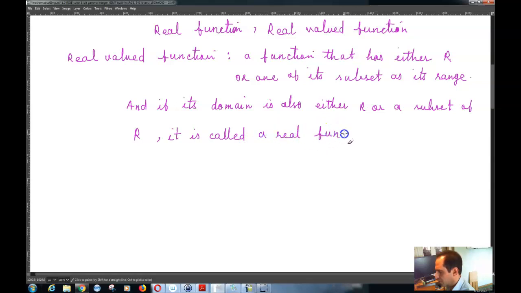Now, of course, there is no way to know why this definition is necessary at all, because basically R or one of its subsets, I don't know what is meant by that.